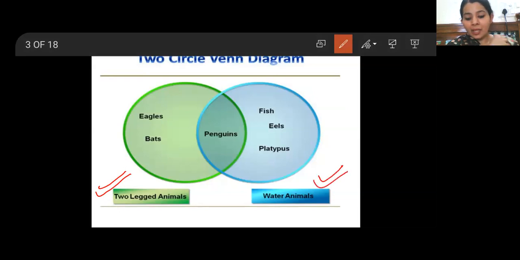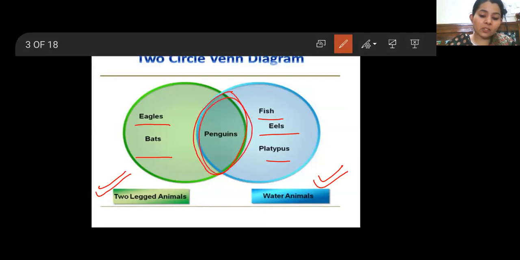So here, if I see in the Venn diagram, I can easily say that yes, eagles, bats, they are two-legged animals, whereas fish, eels, platypus are water animals. But in this common area, you can see there are penguins. So I can say yes, penguins are two-legged animals and they are water animals also.